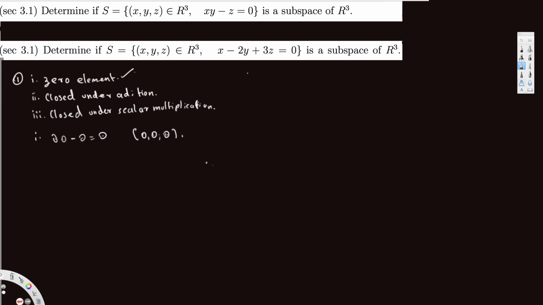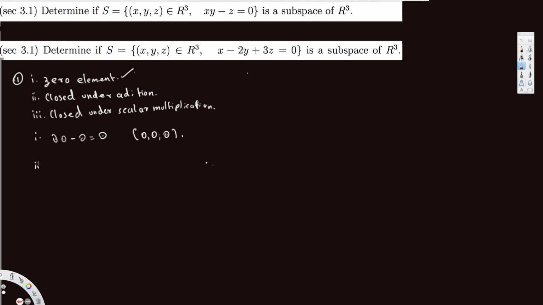So that's why I pick 1, 1, 1. 1 times 1 minus 1 gives us 0, right? But if I multiply that by 2, will it give us 0? 2 times 2 minus 2 is 4 minus 2, which is 2, not 0. So I know this is not a subspace of R3.